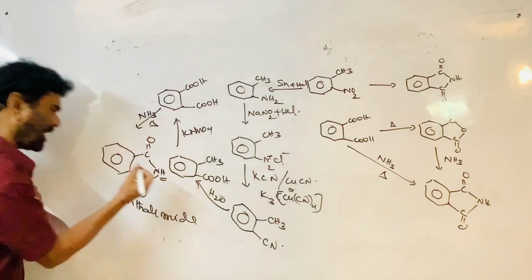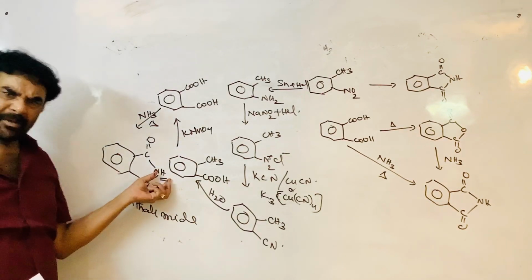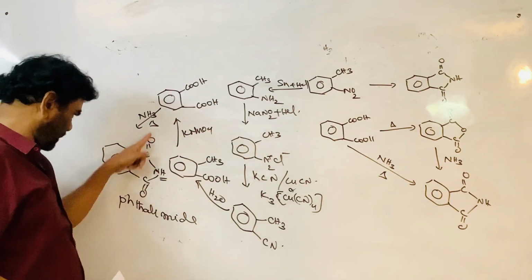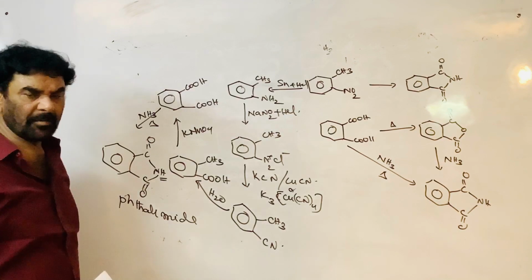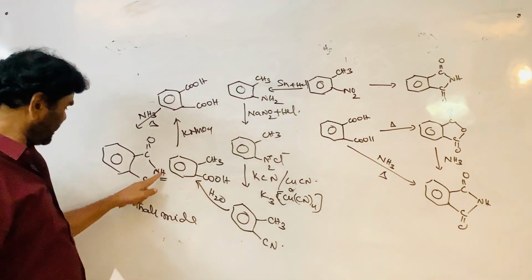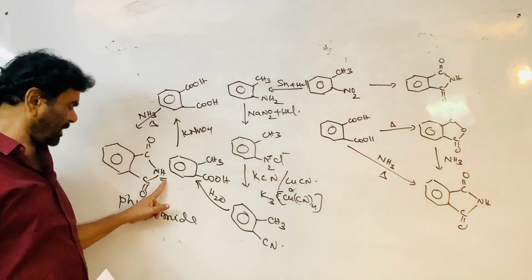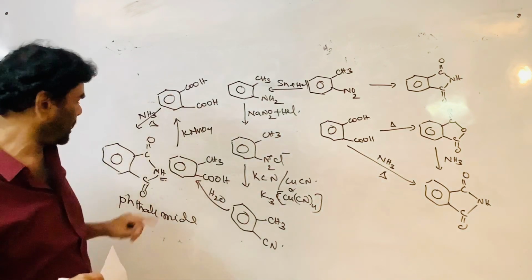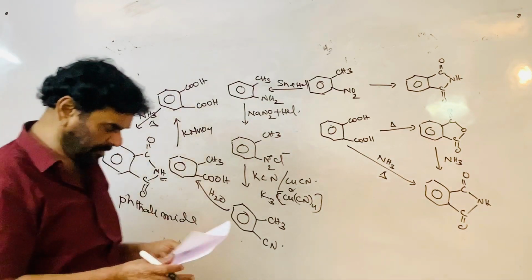This is a highly acidic hydrogen, the phthalimide hydrogen. Repeatedly I am telling you, this conjugate base is stabilized by resonance with the two C double bond O groups. Therefore, it is easy to remove. It is used in the form of potassium phthalimide, which acts as a nucleophilic reagent. With KOH, potassium phthalimide is formed.